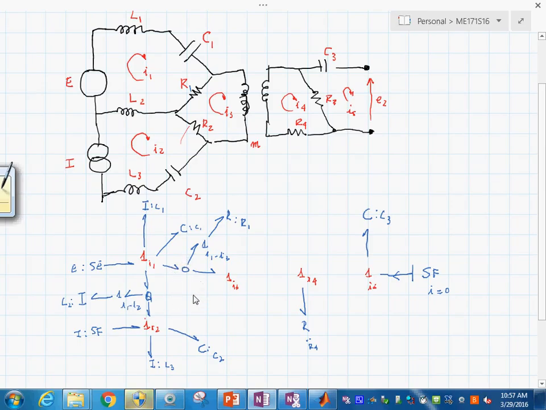And from here you can see you will place this C element, which has value C sub 2. In between I sub 3 and I sub 4, you have this transformer element, see? That is easy.